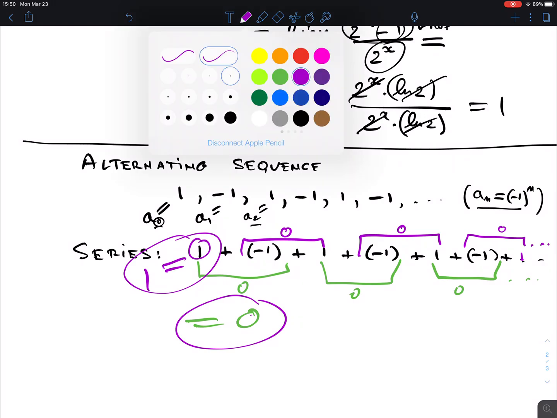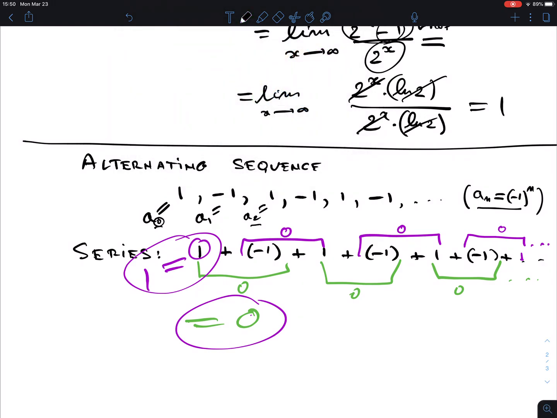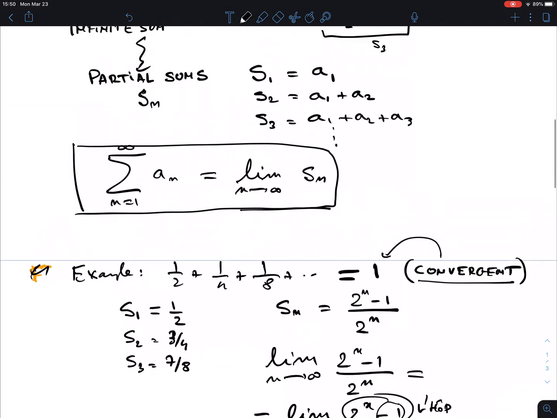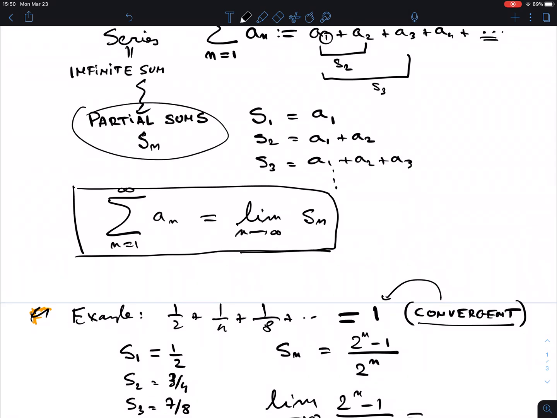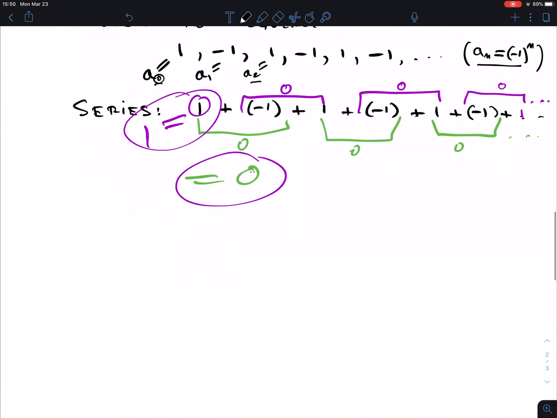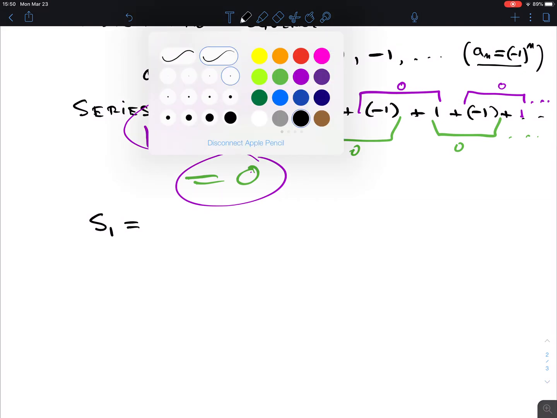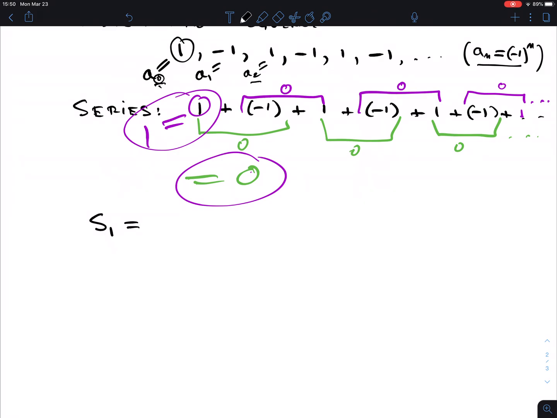Why is that? Well, let's go back to our actual definition. The definition was we have to actually work with the partial sums. So let's write those down. S0, the sum of the first element, is 1.